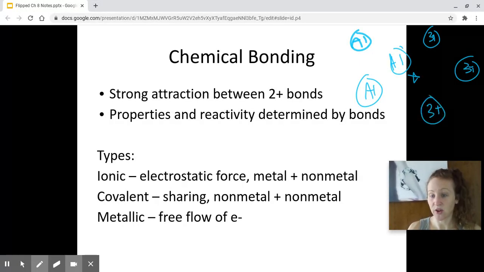And then all of those valence electrons, in the case of aluminum, it's 3 valence electrons, all of those valence electrons just become part of this like electron sea.